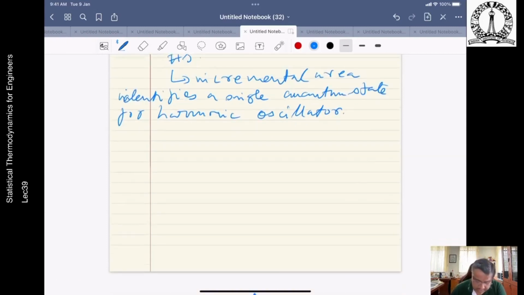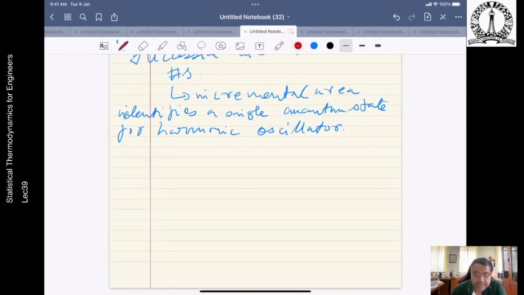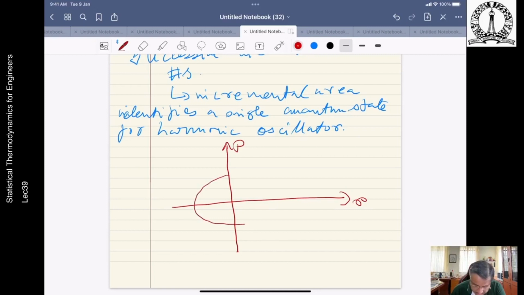So if you look at this now, draw this. Go around this curve, E constant.